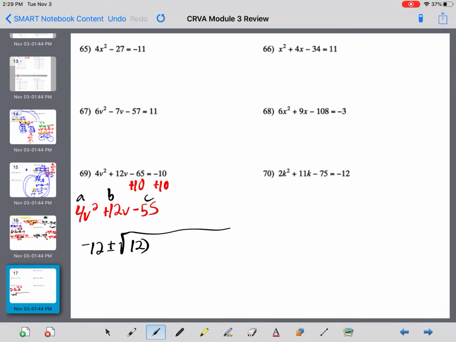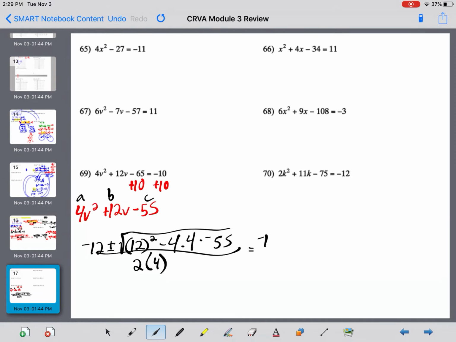Plus or minus the square root of B squared minus 4 times A times C, which is negative 55, all over 2 times A, which is 4.